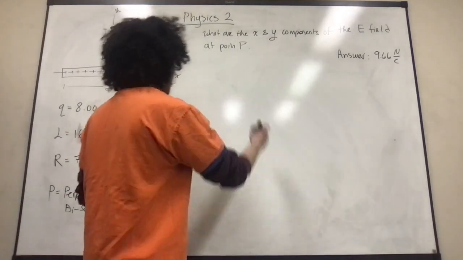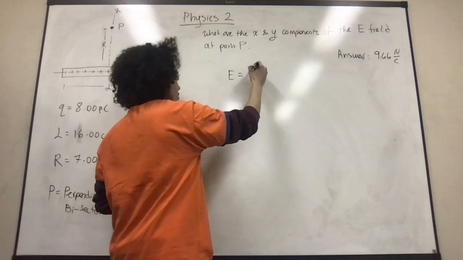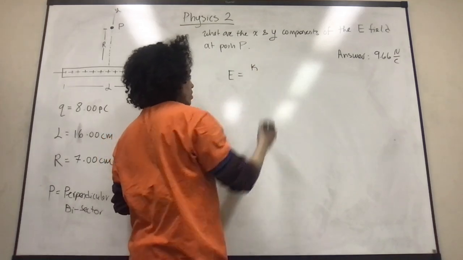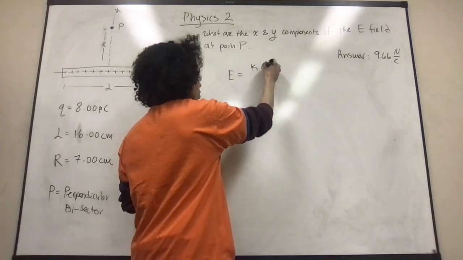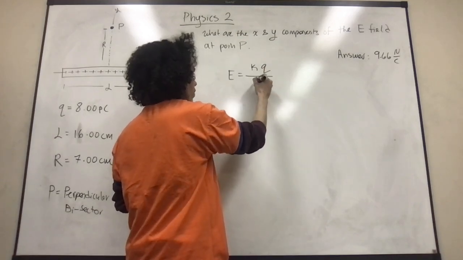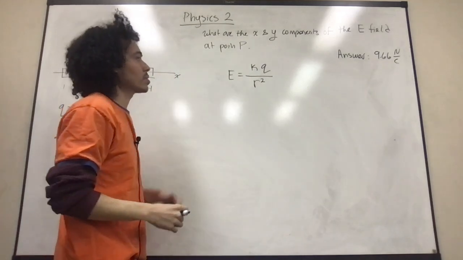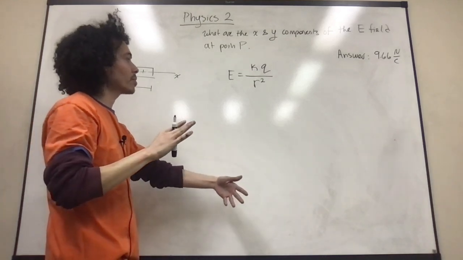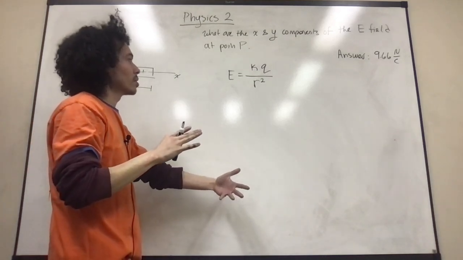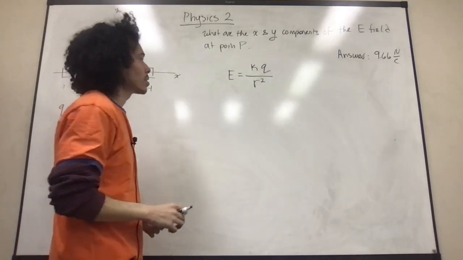Let's get it. So E is equal to Coulomb's constant times the charge over our distance squared. How far are we from the charged object, in this case the charged particle? Square it.